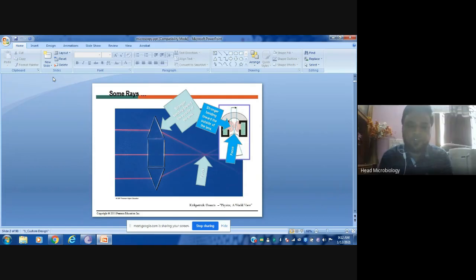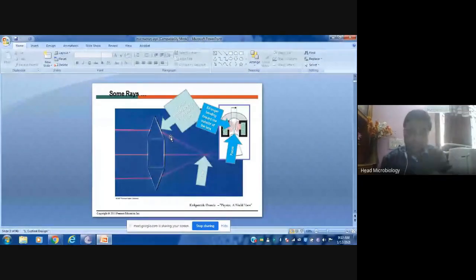Yeah, after hitting the lens, if it takes the back path, or comes back at an angle, whatever it may be. See here in this image, you can see this is a reflection.